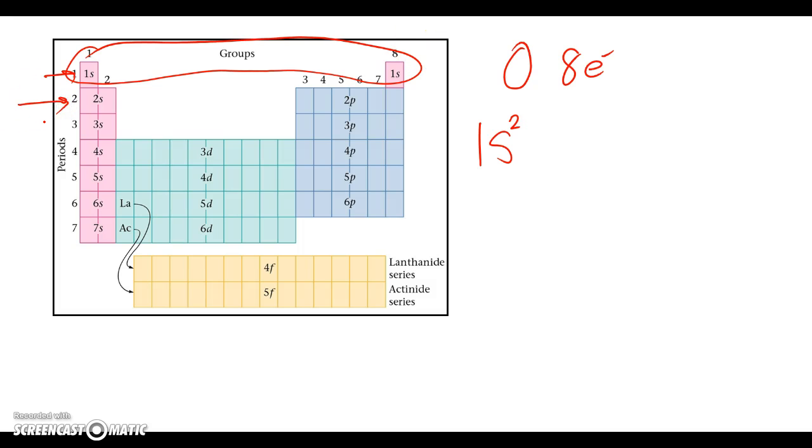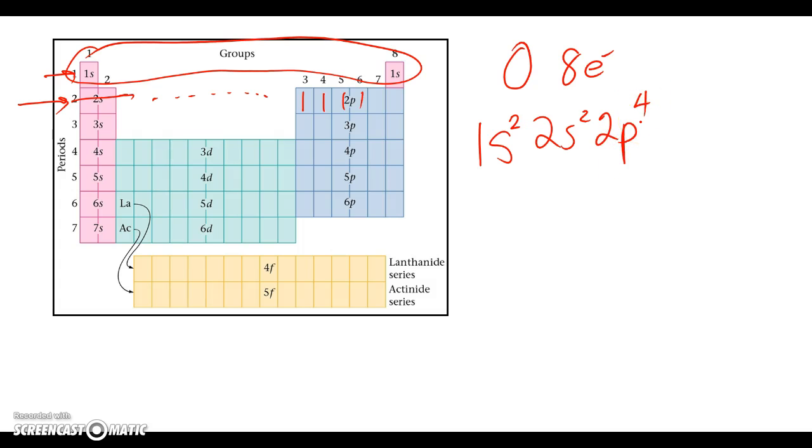We're in period 2 on the table. We are going to fill 2s with 2 electrons. Keep moving along. We've used 4 so far, so I have 4 more electrons. We'll have 4 of them in the 2p subshell.